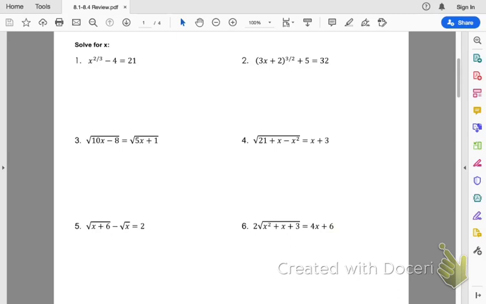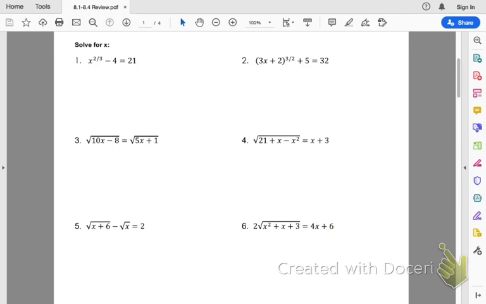You may need to look back at your notes for number 5, because this is the kind of question where you're going to have to FOIL with the square root of x. And so I don't want to spoil that one for you, because I know that you guys are able to look at your notes and get that one done.